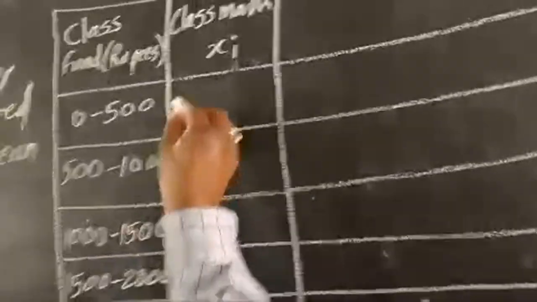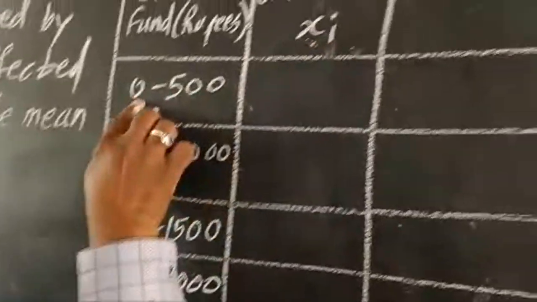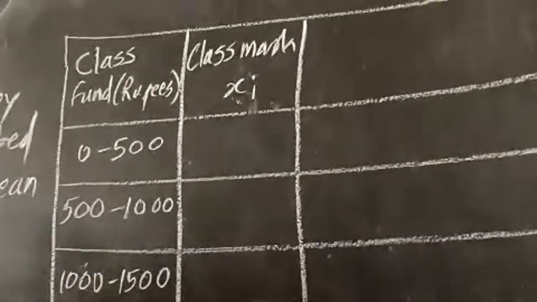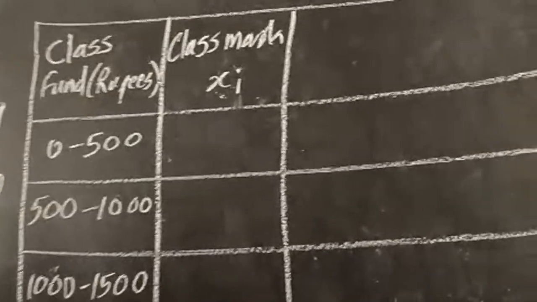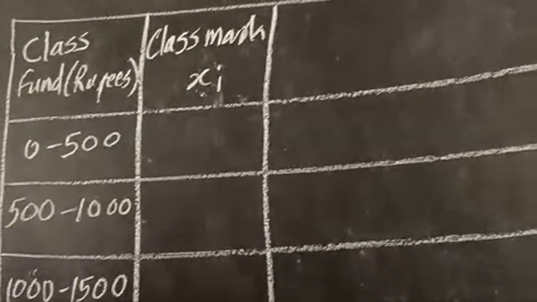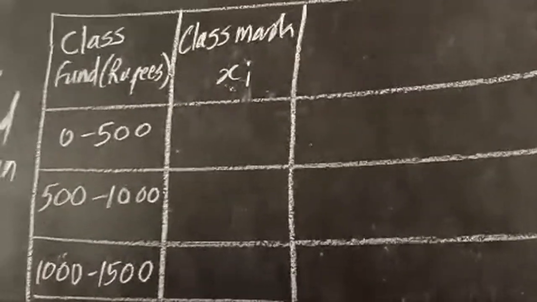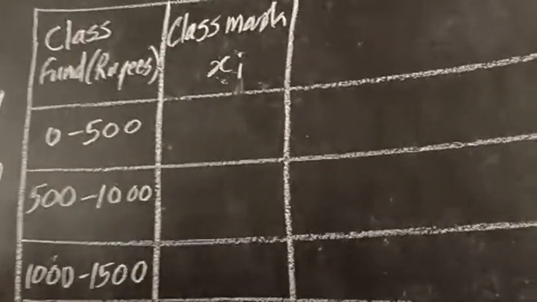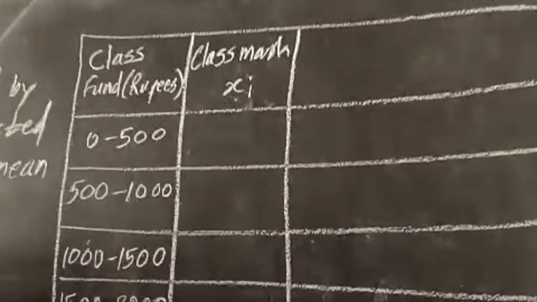Then next, class mark. For finding class mark there are two ways. Which are they? Two methods for finding class mark.